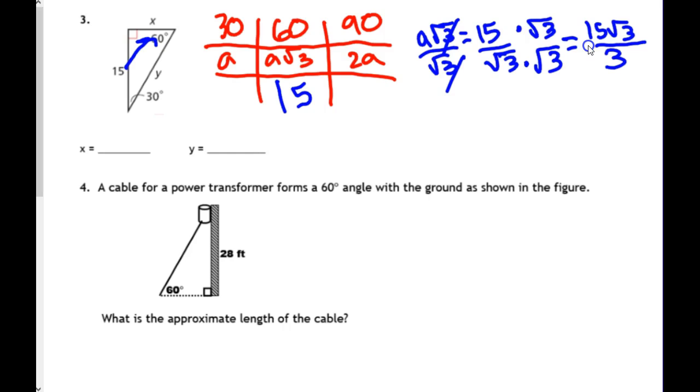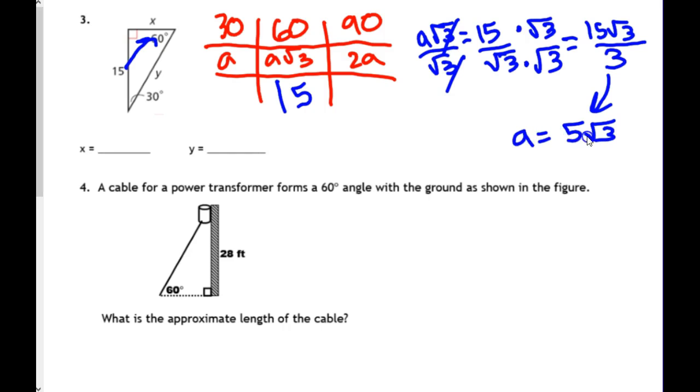A square root times itself removes the square root. Everyone awake? So here's the dealio. 15 and 3, what can we do with that? We can reduce it, or divide. What's 15 divided by 3? 5 square root of 3. That's what A equals.